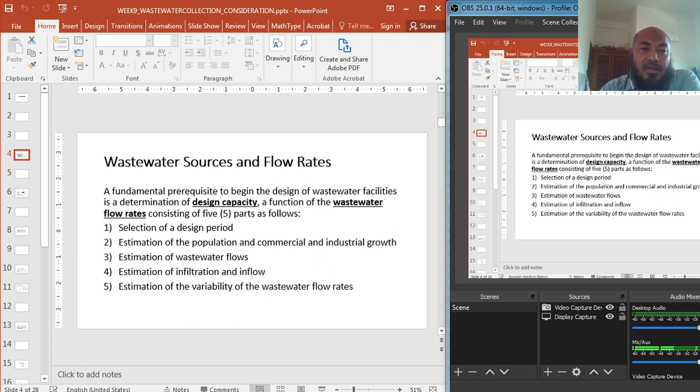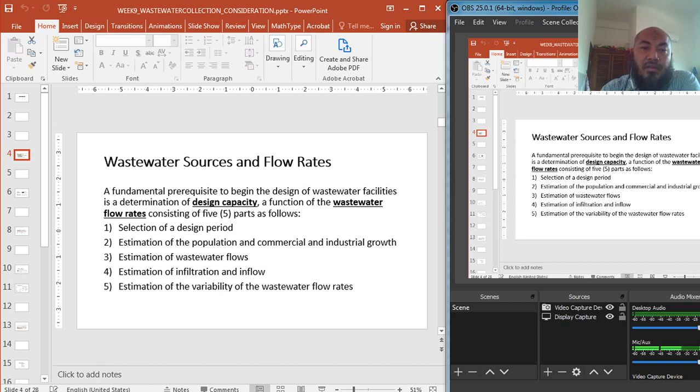This is another important parameter for estimating the wastewater flow, because infiltration and inflow relate to the additional amount of water coming in. Infiltration comes from groundwater, like seepage water, which could enter through the manholes or through cracks along the pipe.